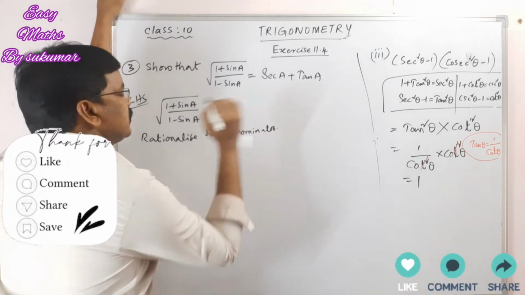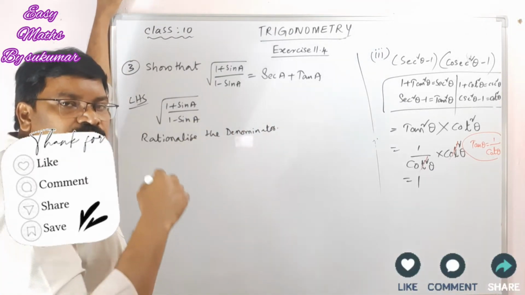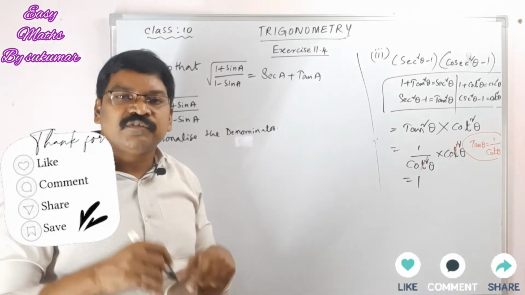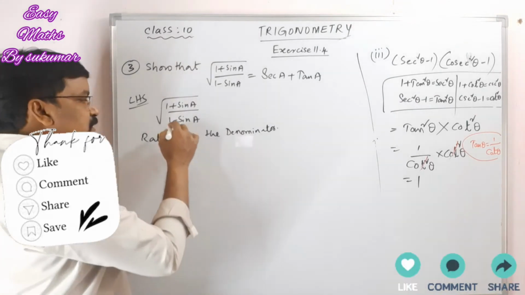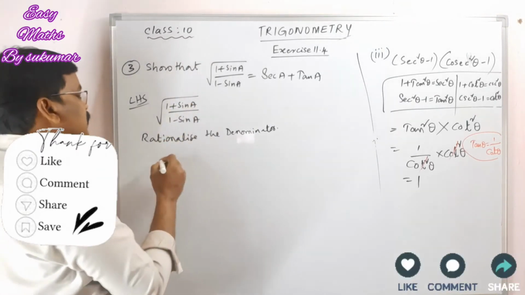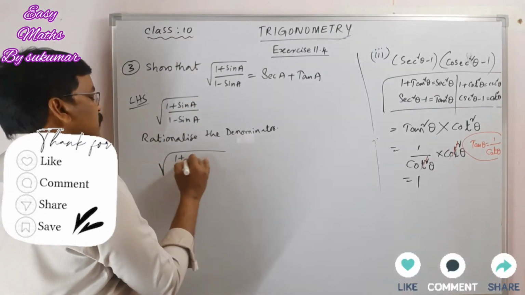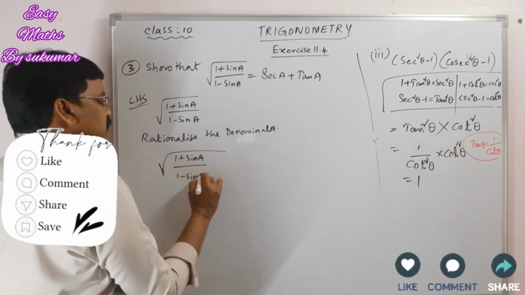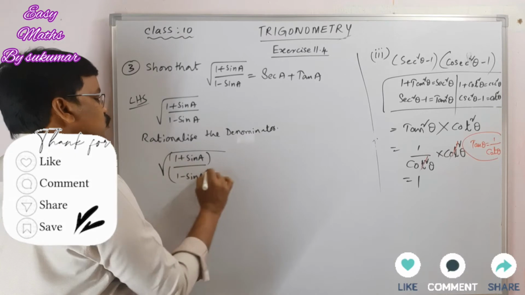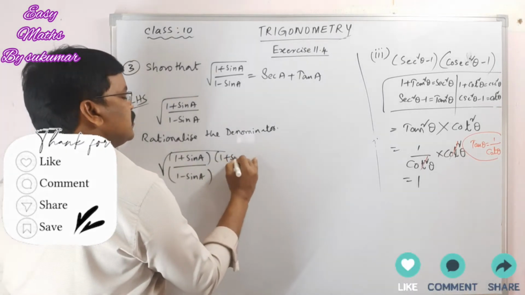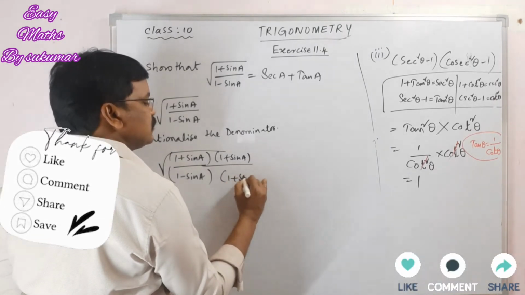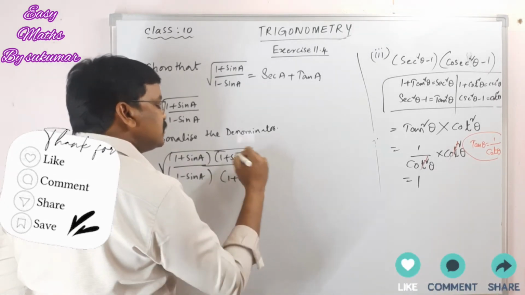Rationalize the denominator. That means we should multiply the numerator and denominator with 1 plus sin A, right? That means 1 plus sin A by 1 minus sin A into 1 plus sin A by, again write 1 plus sin A. What I have done here?